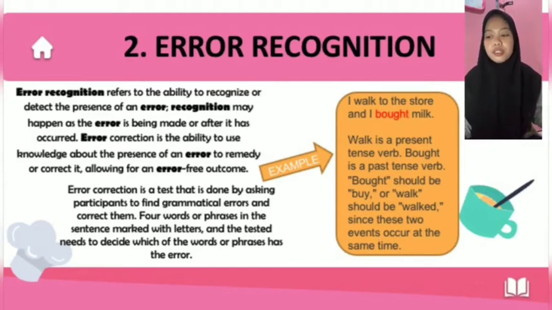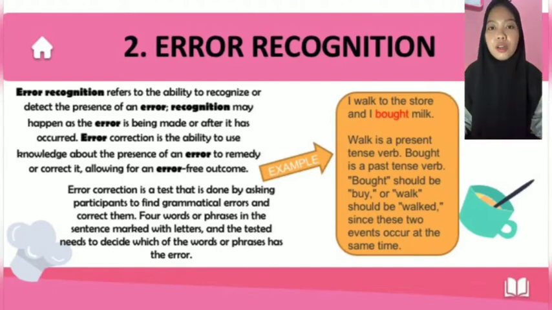Error recognition is a test that is done by asking participants to find grammatical errors and correct them. There are 4 words or phrases in the sentence marked with letters, and the test taker needs to decide which of the words or phrases has the error.